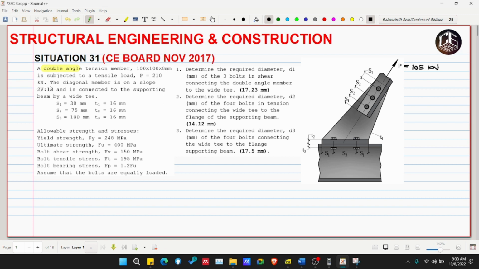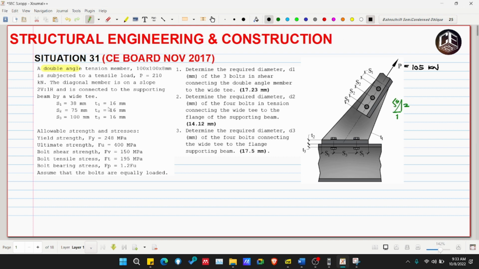And yes, ang slope natin dito sa ating angle bar is 2:1. So, ang vertical niya is 2, ang horizontal niya is 1. So, kunin natin yung kanyang hypotenuse. Ang hypotenuse ngayon nito is square root of 5.